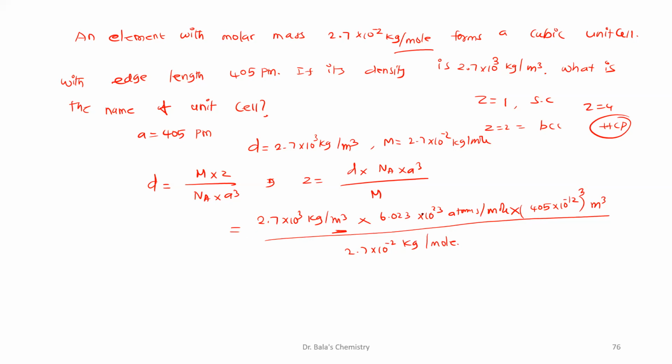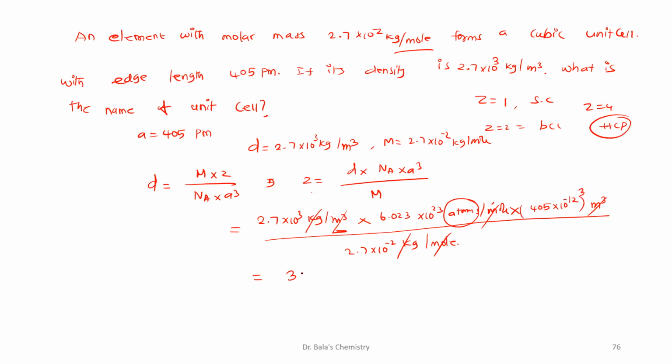Here kg is getting cancelled, mole per mole is getting cancelled, and meter cube is getting cancelled. We can calculate Z in terms of atoms.